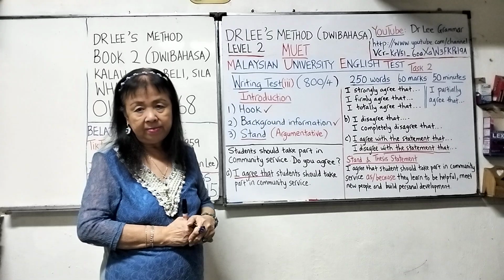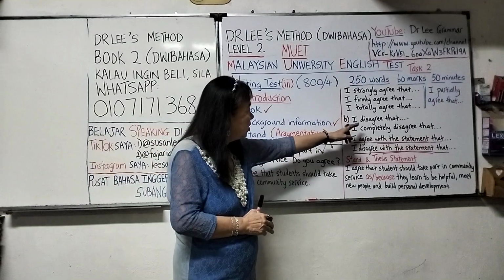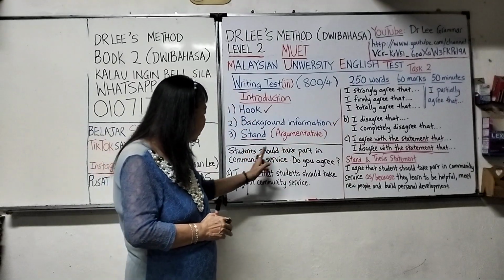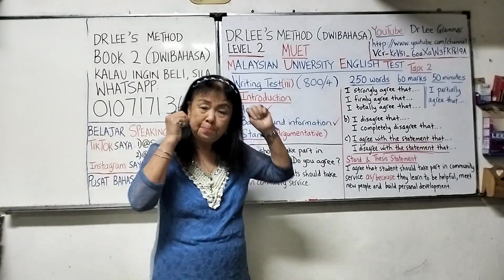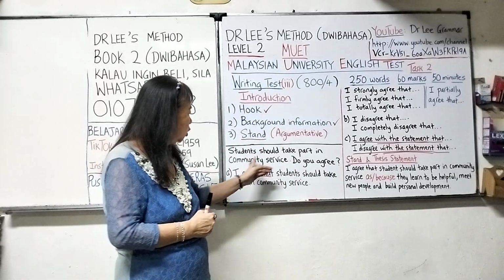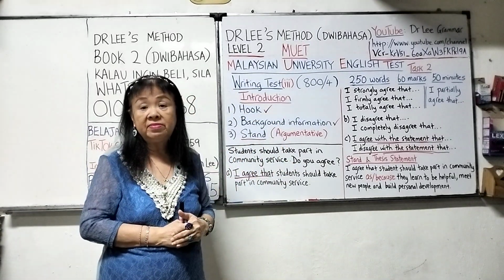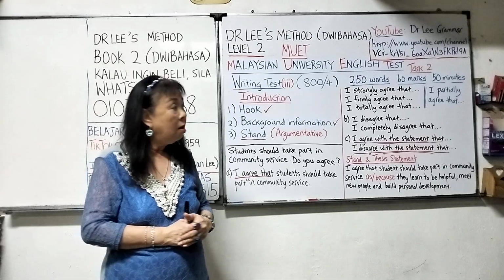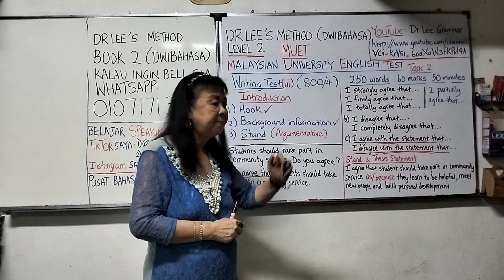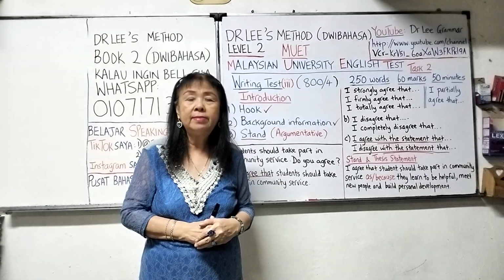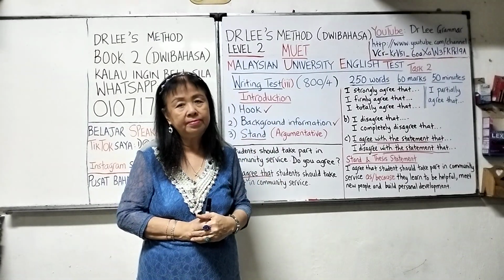And if you disagree, you can say, I disagree that students should take part in community service. Or you can say, I completely disagree that students should take part in community service. Is it okay to say that? Yes. Or you can even say, I totally disagree that students should take part in community service. It's not wrong to say that. Okay?